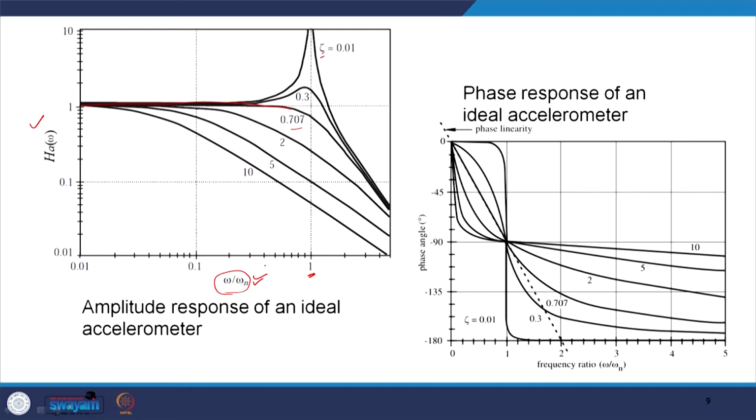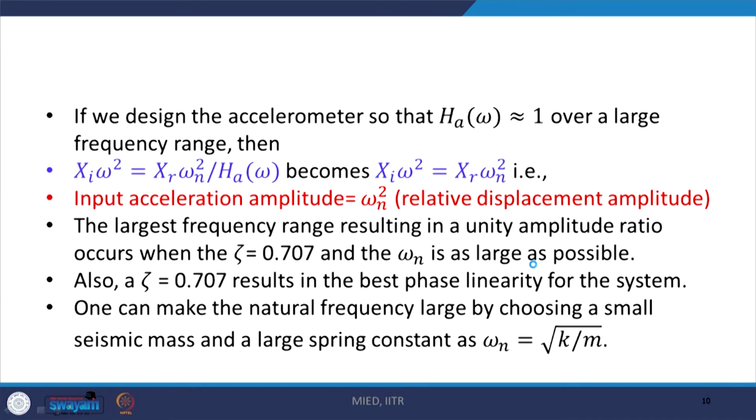And if I plot the phase response of an ideal accelerometer, then you can see that around 0.707 we get almost a linear type of curve.